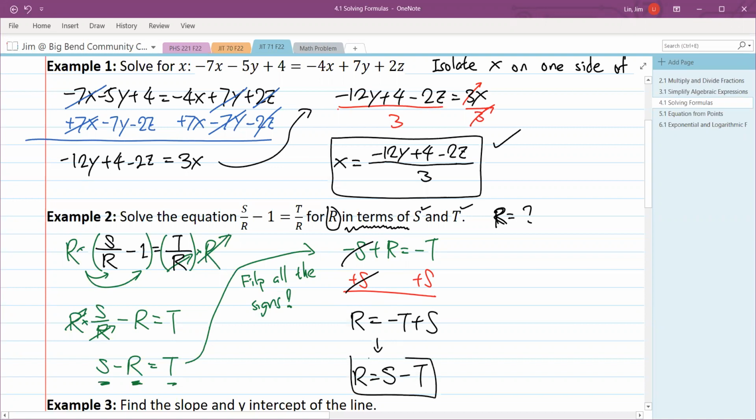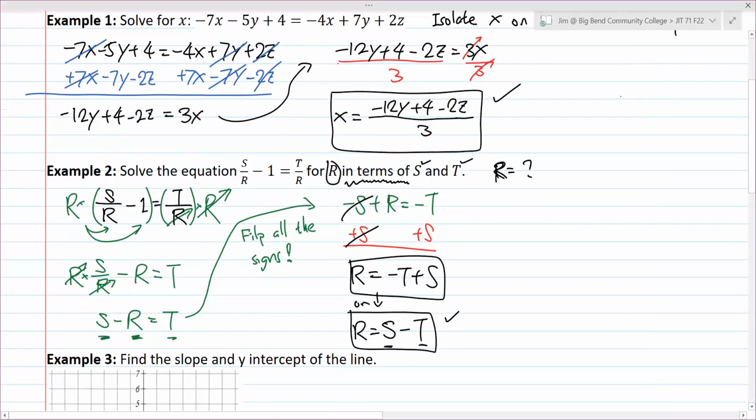Well, either answer works, so I think I can just box both of them and put "or" between them. So this is it. This is the equation with r in terms of s and t. Right, now we're getting better with the language of math. All right. So that's how you solve this type of problem.